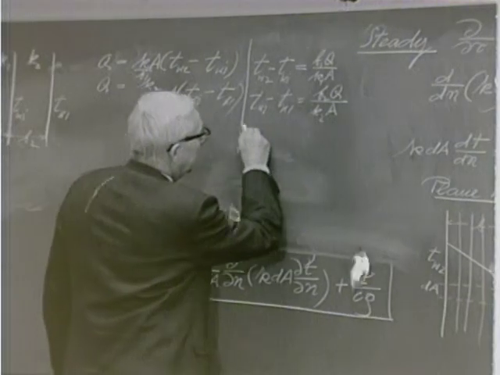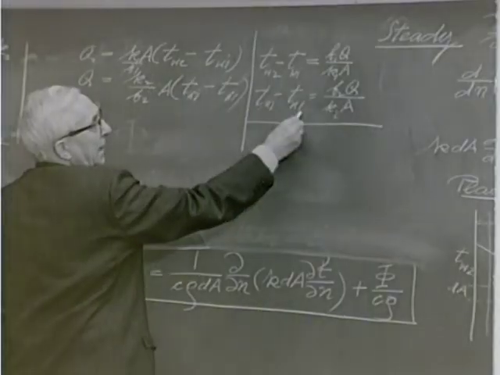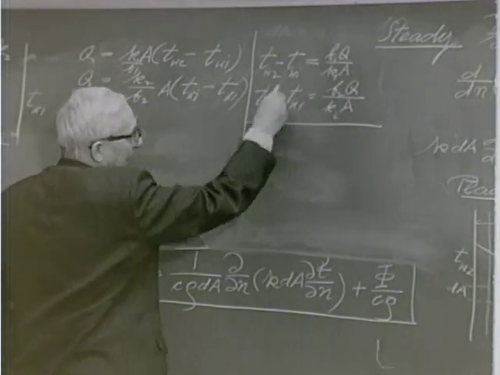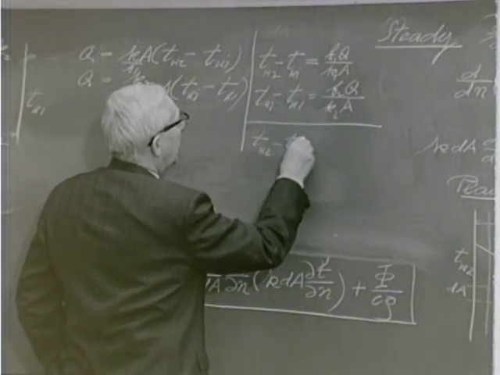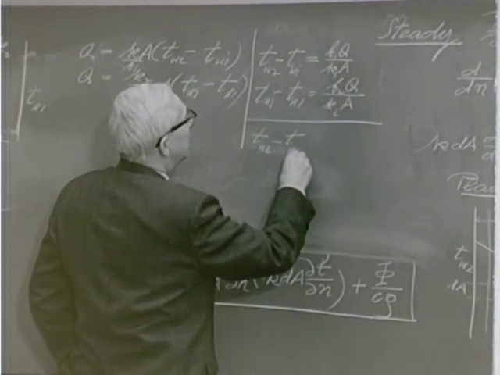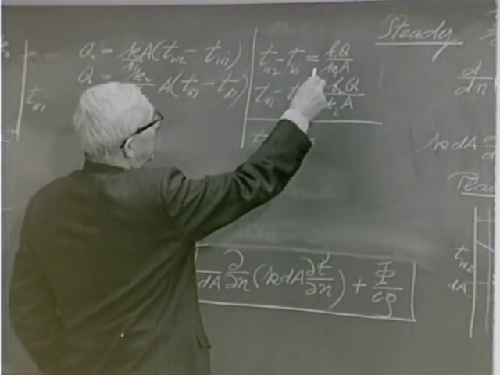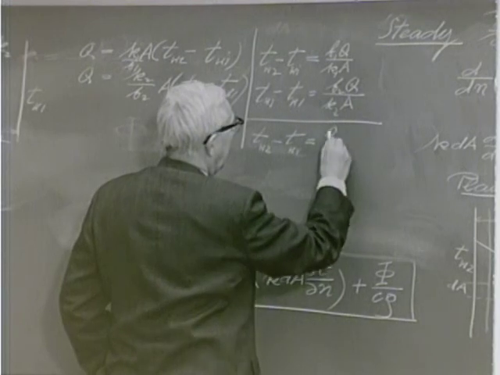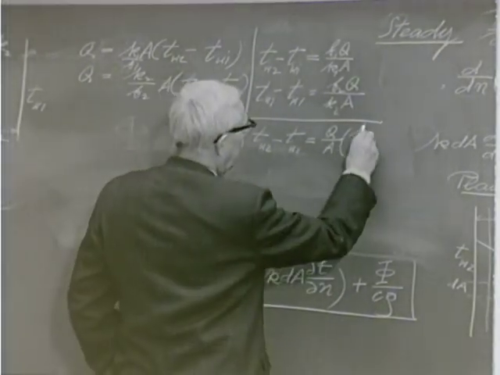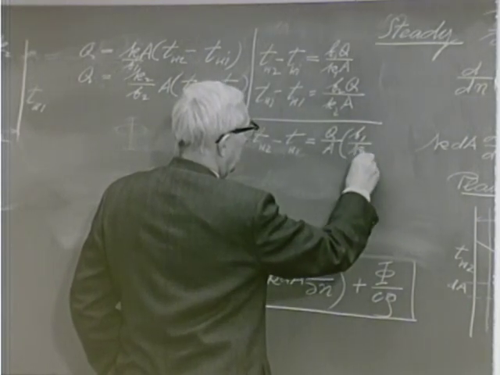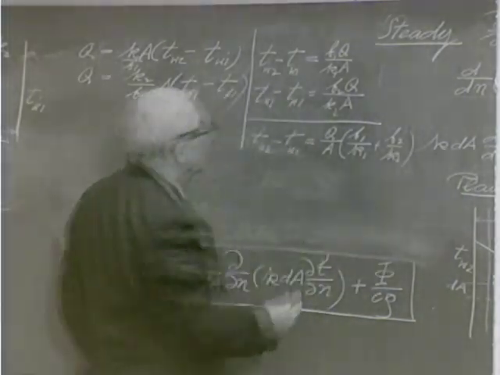And now, as I have said, I will add the two equations, and then I get TW2 minus TW1 is equal to, let's see, I will take the Q over A out, times B1 over K1 plus B2 over K2.